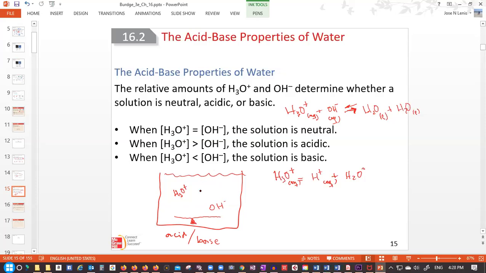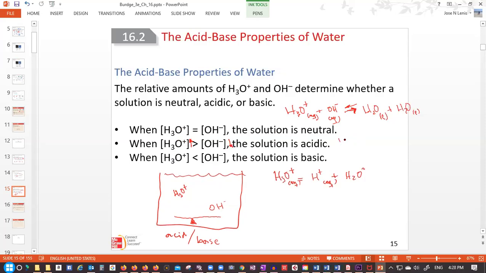If we add acid, the acid will increase the concentration of H3O plus, making the solution acidic. So this goes up and this goes down. In an acidic solution, the concentration of H plus goes up because of the presence of the acid you are adding, and this concentration goes down.